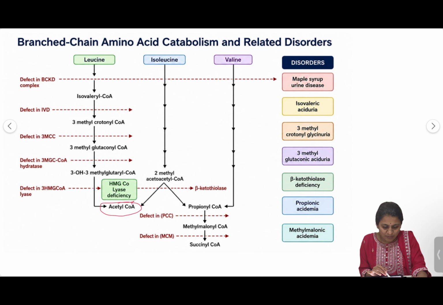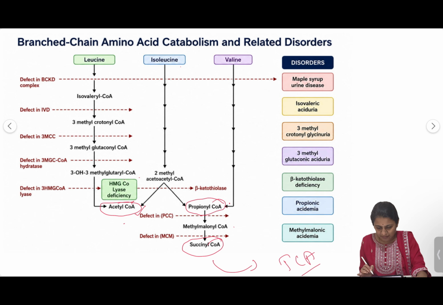Leucine is degraded to isovaleryl CoA, methylcrotonyl CoA, methylglutaconyl CoA and 3-hydroxy 3-methylglutaryl CoA. The end product is acetyl CoA. Isoleucine is metabolized to form acetyl CoA and propionyl CoA. Valine is metabolized to produce propionyl CoA. Further, propionyl CoA is converted into methylmalonyl CoA and the end product is succinyl CoA, which enters the TCA cycle. So just remember this metabolism of branched chain amino acids.